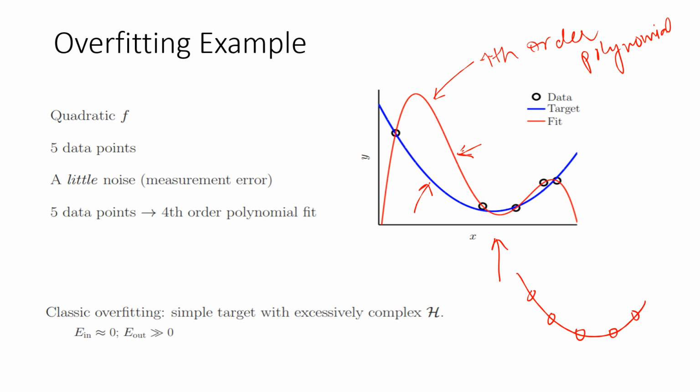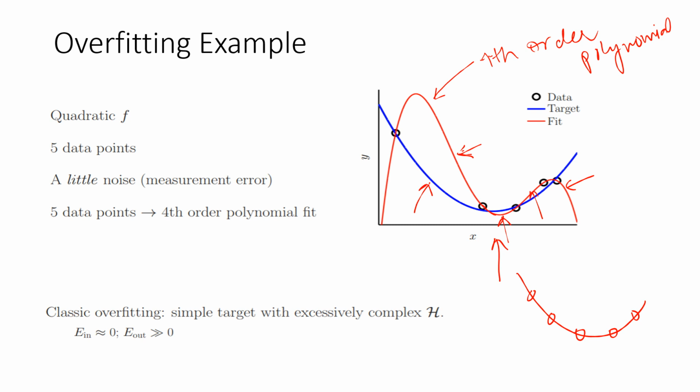So the little noise has misled us, because if there was no noise, the fitted red curve would exactly match my target. This is a typical overfitting scenario in which we used a complex model and used its additional power, the degrees of freedom, to learn the noise. I've really learned the noise because I wanted to capture every intricate detail of the noise and not the target function.